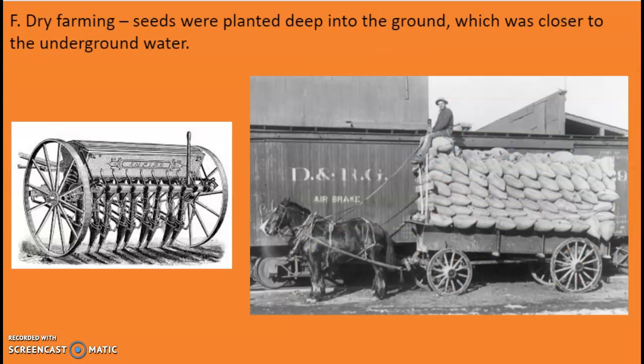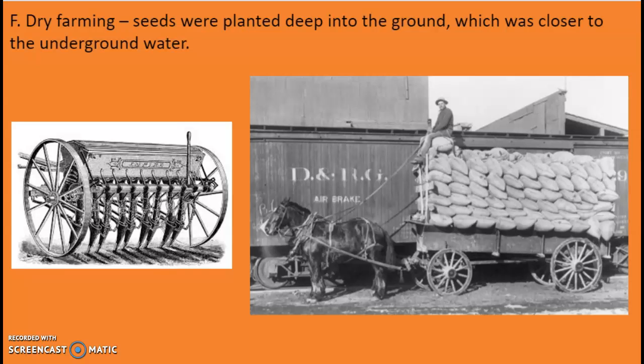Dry farming is another technological advance. It's pretty cool. Basically, this machine was created, which is pictured on the left, and it would plant seeds very deep into the ground. So we talked about how windmills were used and people would just dig really, really deep and have these pumps, and then they would use the windmills and the pumps.